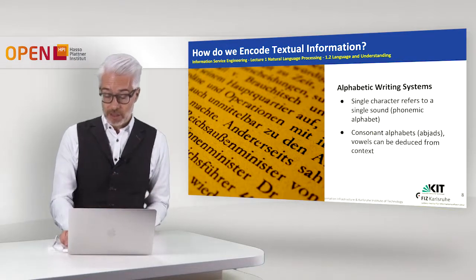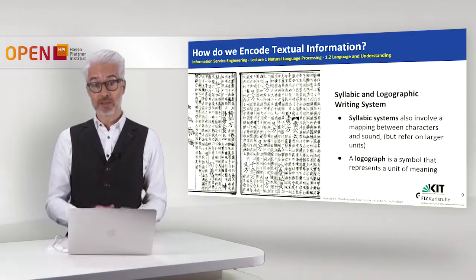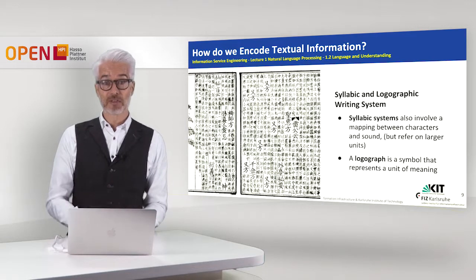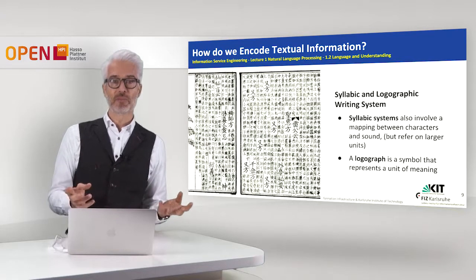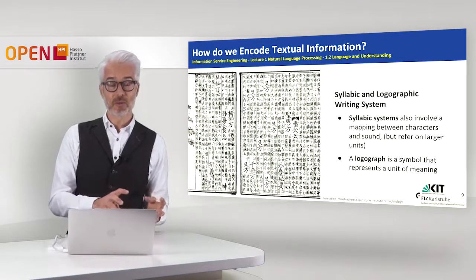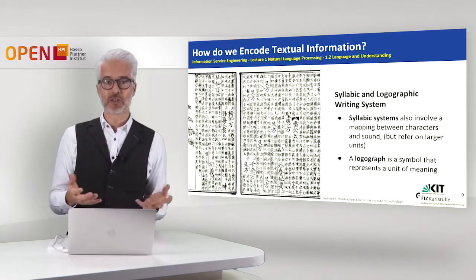But they are not the only writing systems, of course. If you go further east, you are then in the Asian world, for example. There you have syllabic systems and also logographic systems. What does that mean? A syllabic system also involves the mapping between characters and sound, but of course not only on a single piece of sound, on larger fractions, on larger units.